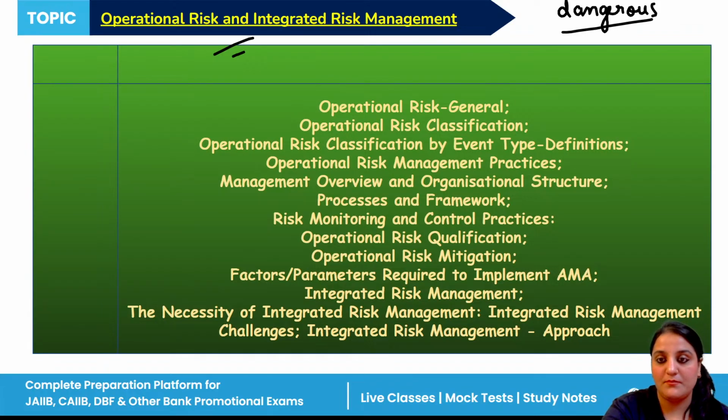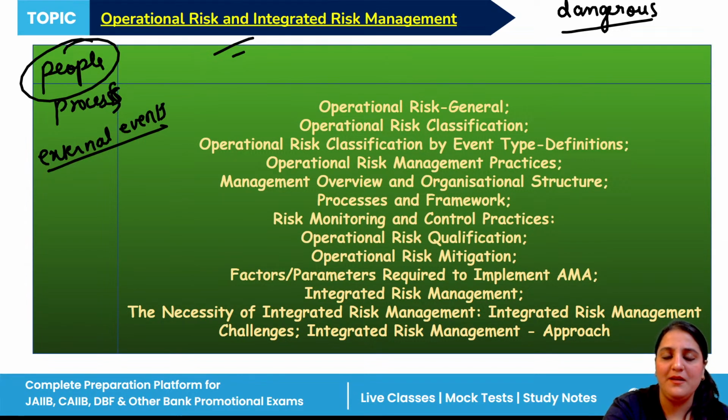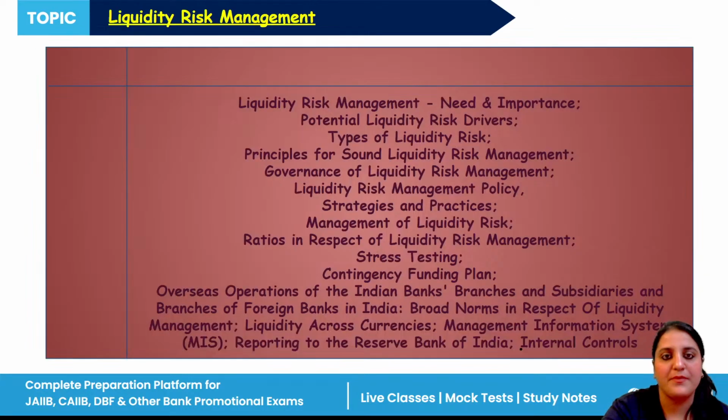Because this risk occurs due to people, processes, and external events. Why people? If people make errors or commit theft or fraud; process or technology failure; external events, like the COVID-19 situation.